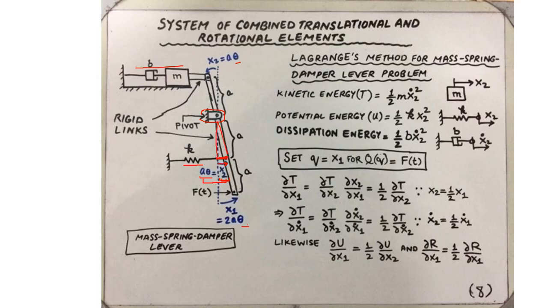The radius is a, and the angular displacement is theta. So the arc length is a times theta. This is equal to x2. Now, based upon small angular approximation, x2 can be considered as linear displacement. Hence, a theta can be considered as an approximation of linear displacement.